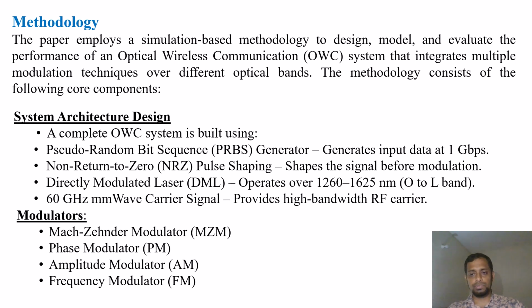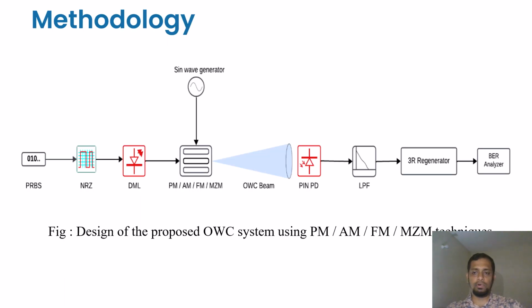Then we need to put this electric pulse into our optical channel. That's why we have to use an optical laser, and the frequency that we have used is 60 gigahertz.